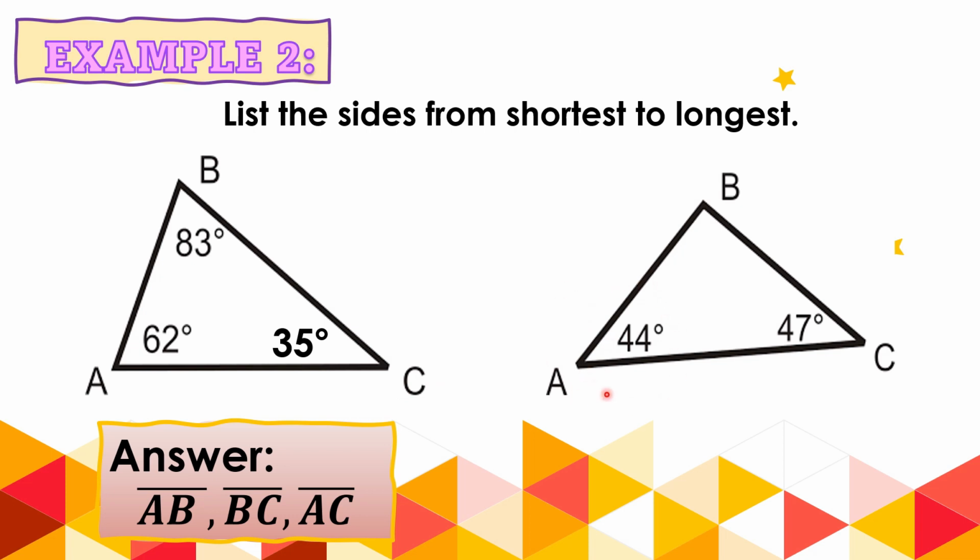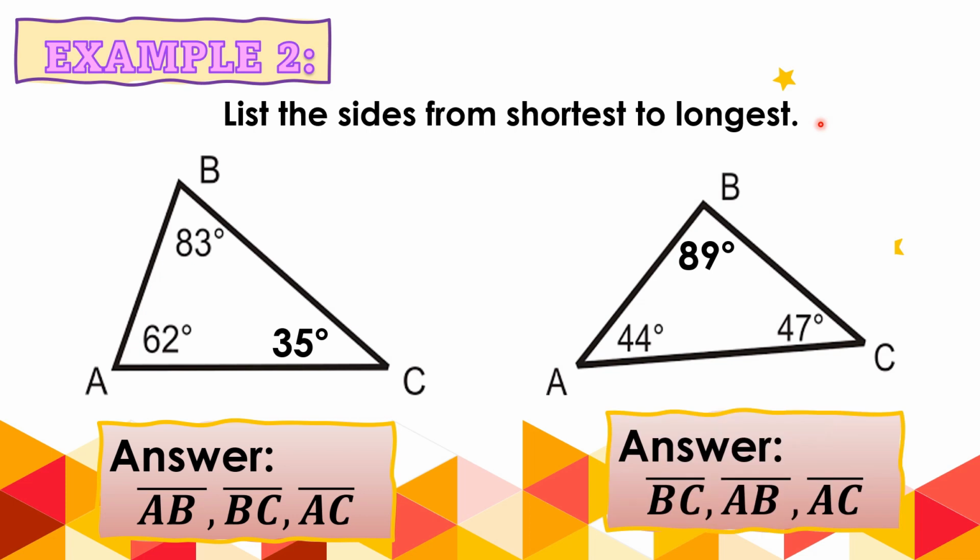Let's proceed to the second triangle, triangle ABC. Angle A measures 44 degrees. Angle C measures 47 degrees. So what will be now the measure of our angle B? That is 89 degrees. So we can now list the sides from the shortest to longest.